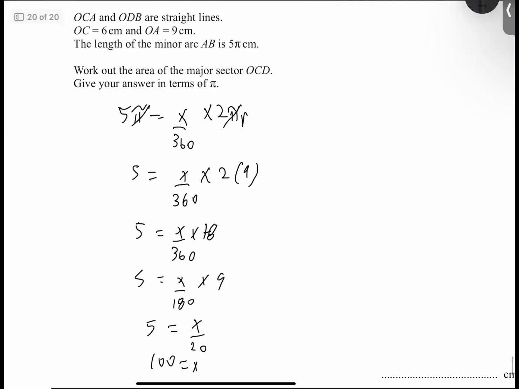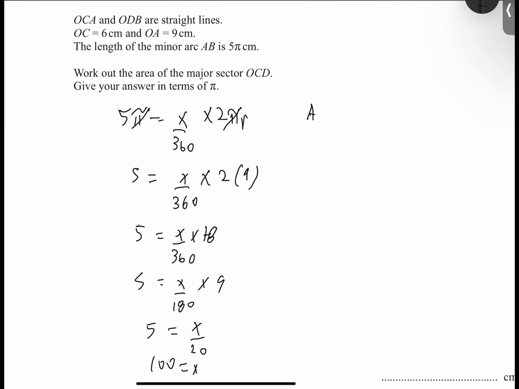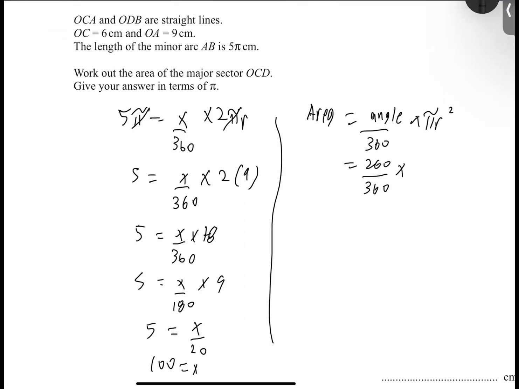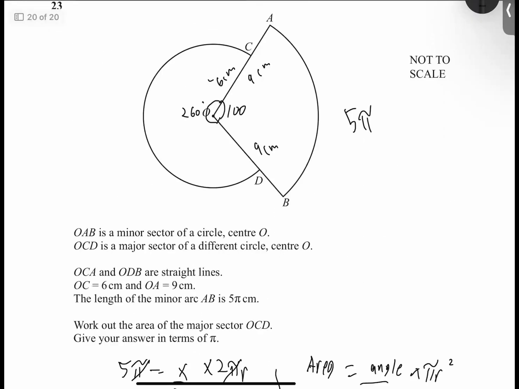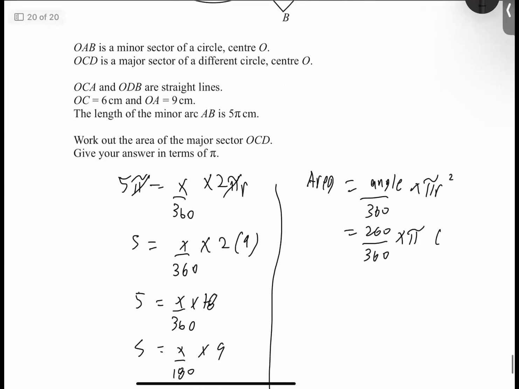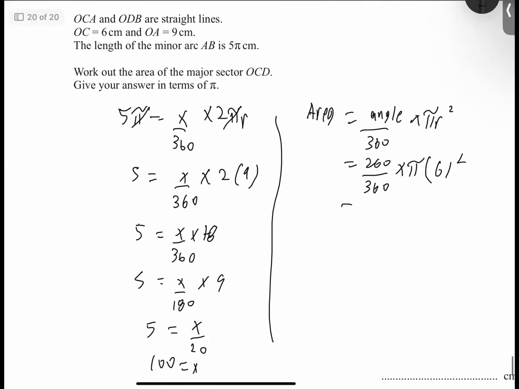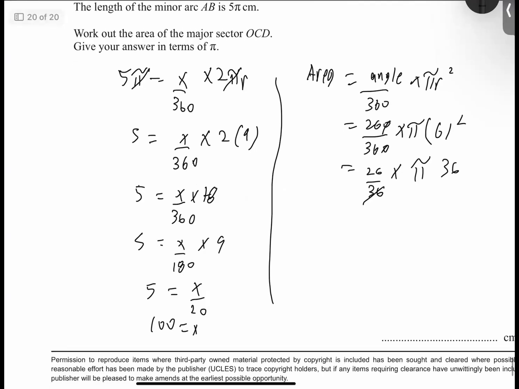Area of a sector is equal to angle over 360 into pi r square. So the angle we know is 260 over 360 into pi, and we know the radius, 6 square, right? So 0 0 cancel out, 26 over 36 into pi 36. 36 and 36 cancel out with each other. So 26 pi is the answer.